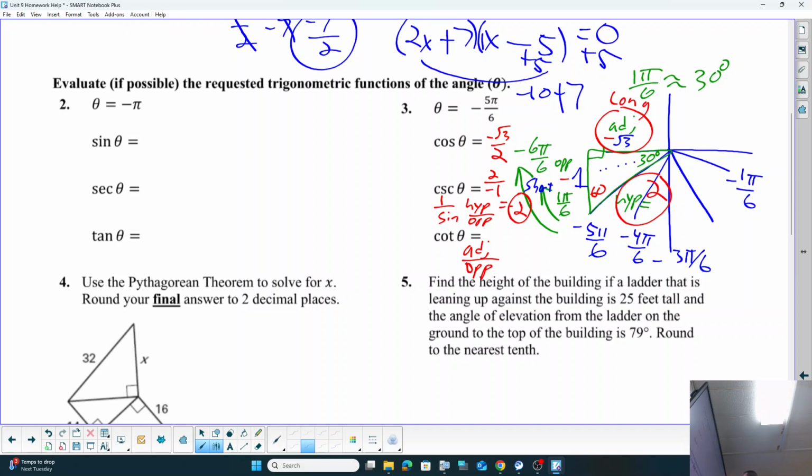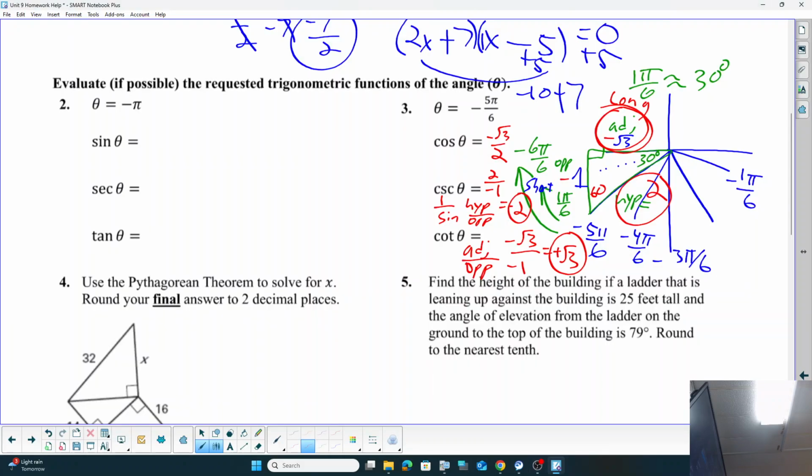So it's negative radical 3 over -1, and we get positive radical 3, because negative divided by negative is a positive. Just checking our answers there, looking good.